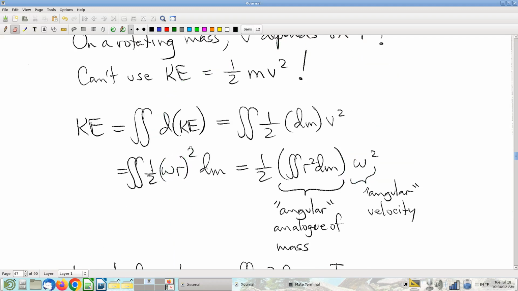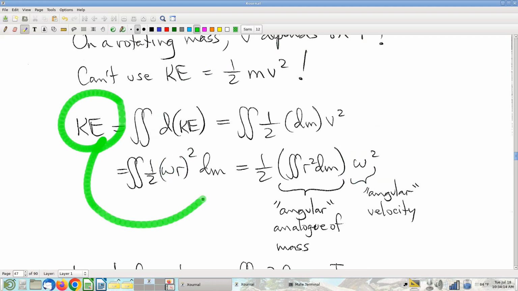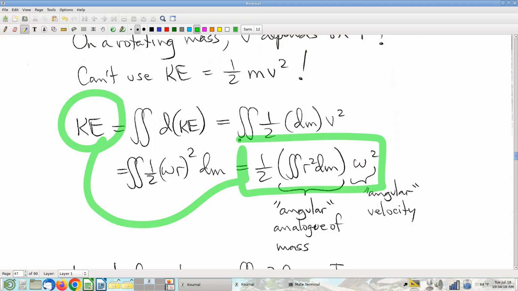So what we find ourselves with is a formula for rotational kinetic energy. Here it is, and it's shockingly familiar, right? Previously, for linear kinetic energy, we had 1/2 mass speed squared, or velocity if you like, 1/2 mass velocity squared. Now check out this formula. Now we've got 1/2 times, we'll come back and talk about this in a second, and again, times a velocity squared.